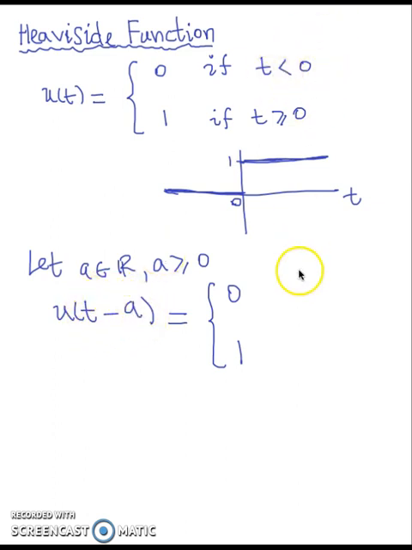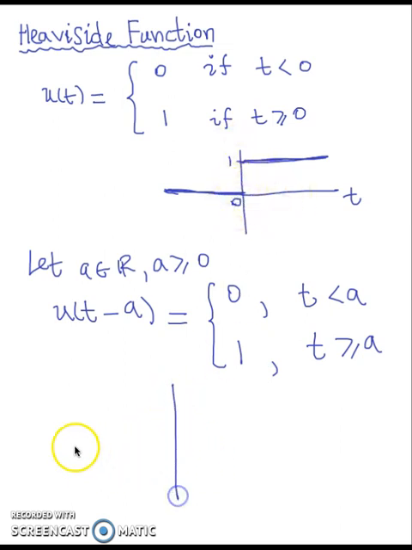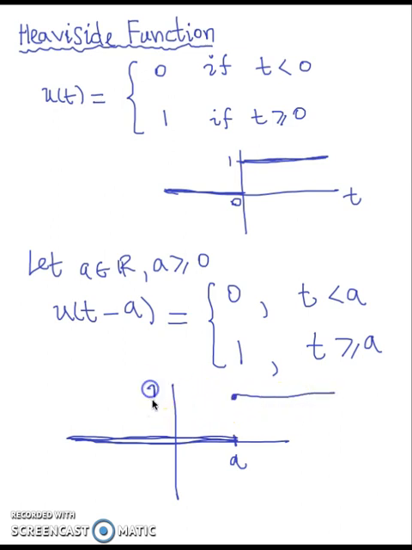Whenever t minus a is less than 0, that means t is less than a, and when t minus a is greater than or equal to 0, t is greater than or equal to a. So that will be shifted in this function. It's the same type of graph, now we have a number a. Now the function is going to take the values of 0 for all values less than a, and exactly at a becomes a constant value of 1. Again, this is t.